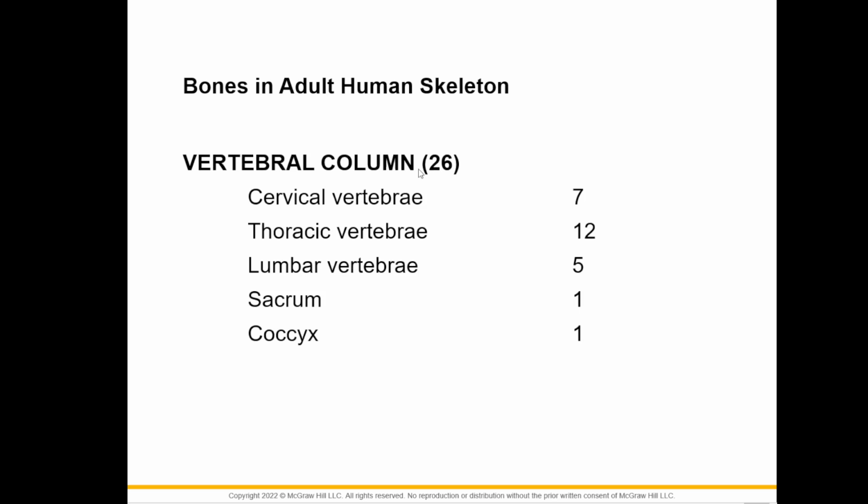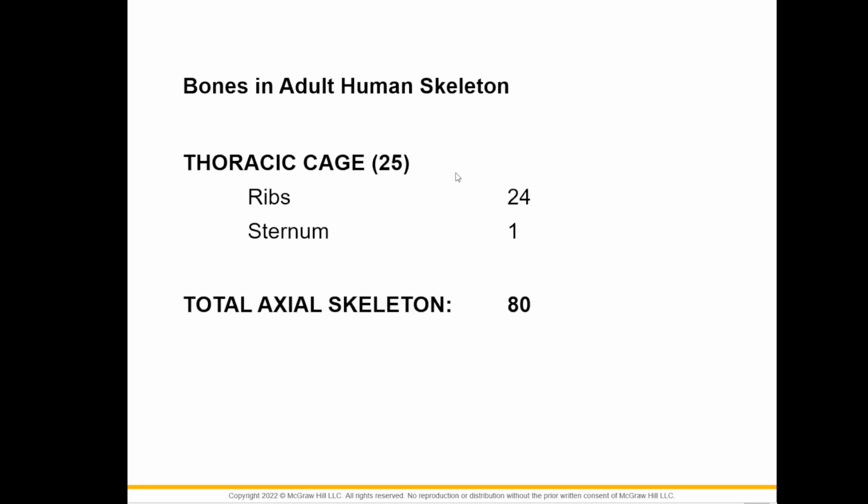And then we have the vertebral column, or the one that protects your spinal cord. So we have 7 cervical vertebrae, 12 thoracic vertebrae, 5 lumbar, 1 sacrum, and 1 coccyx, for a total of 26 bones. And we also have the thoracic cage.